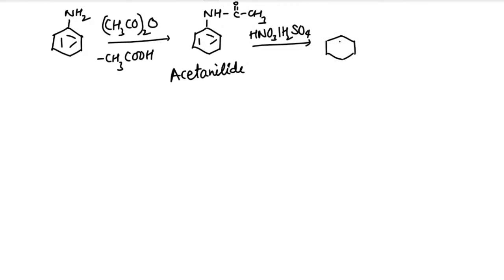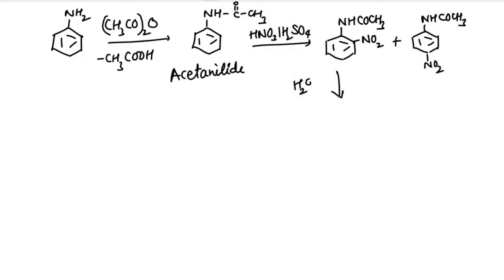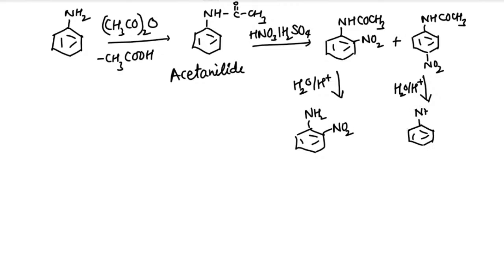So now we get ortho nitro and para nitro, and para is the major product, which on hydrolysis, yes, product formed is ortho-nitroaniline and para-nitroaniline.